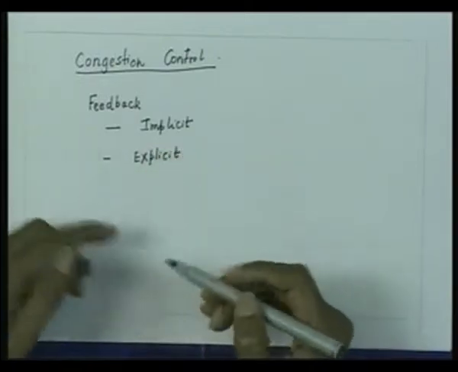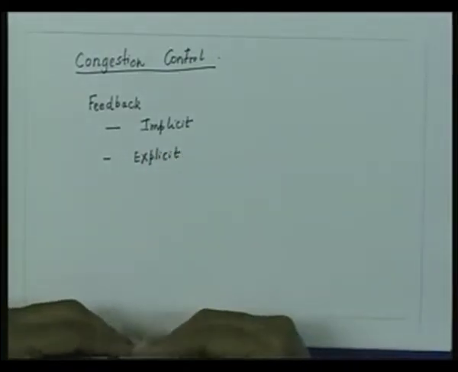By implicit feedback, we mean that indications about the congestion in the network are conveyed to the congestion control mechanism in an implicit manner. One of the examples of an implicit feedback use is the TCP's congestion control technique.